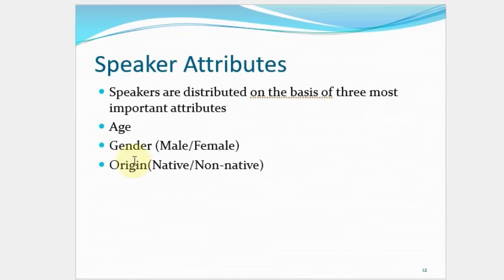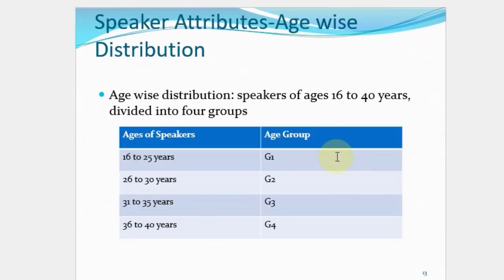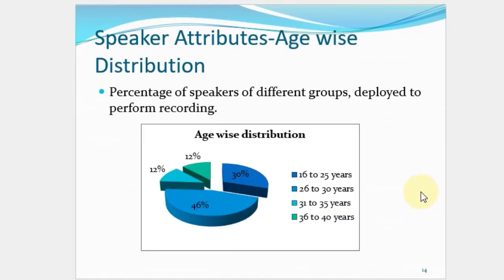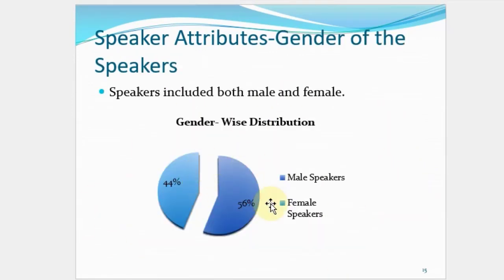Speaker attributes were divided in terms of their ages, genders, and origins. These ages were divided into 4 groups, and the age-wise distribution can be shown here in this pie chart, and the gender-wise distribution is also shown here.